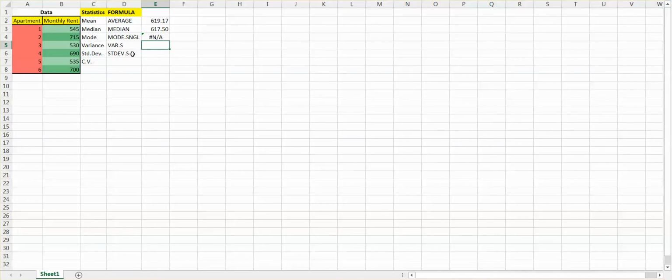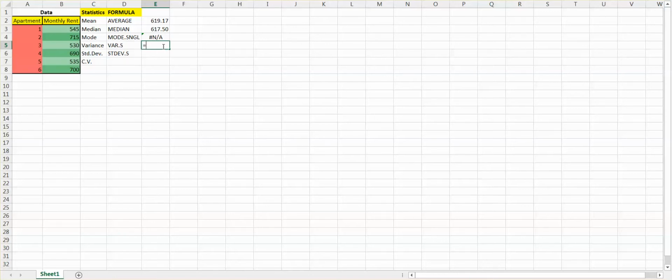So how about the variance? You will find the formula for us to calculate the variance. VAR.S, where the .S stands for the sample variance. You can also use VAR.P, where .P stands for the population variance. Since the 6 apartments consist of our sample instead of the population, we calculate the sample variance.